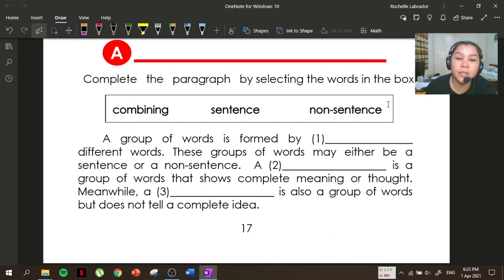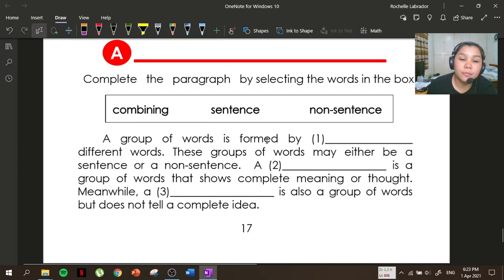then you can complete this paragraph. Okay, so complete the paragraph by selecting the words in the box. So the choices are combining, sentence, non-sentence. So let's begin. We have here 3 blanks. A group of words is formed by blank. Paano daw na nabubuo ang group of words?